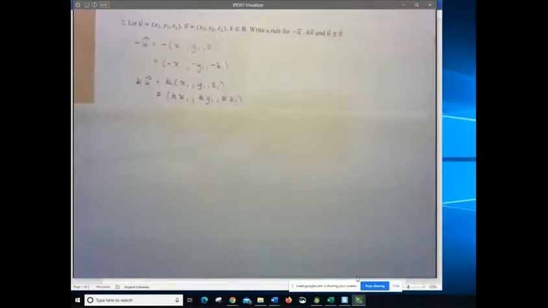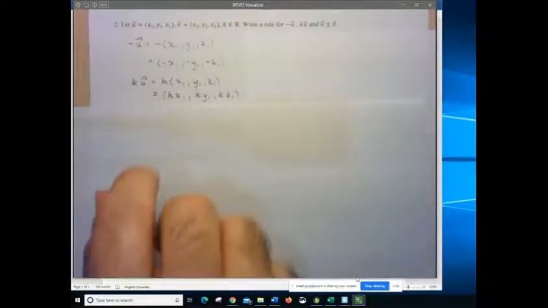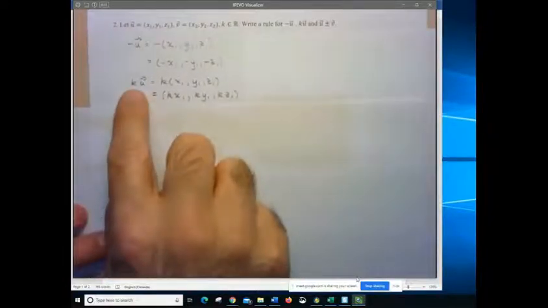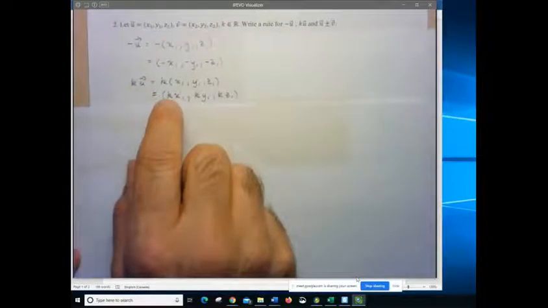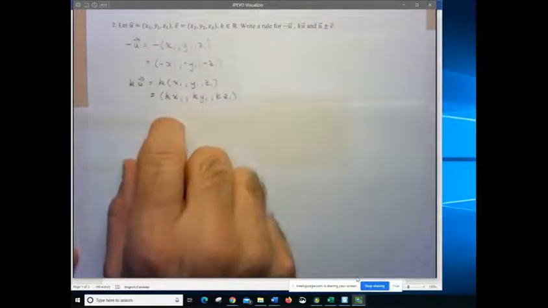Okay, so all it's going to do is take the opposite of each component of your vector. Okay, and in general, scalar multiplication is just about multiplying the individual components by the scalar multiple, exactly like what we did in 2D.